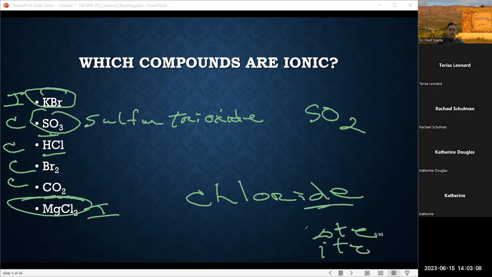But right now, when we're dealing with the non-metal all by itself, then it's an ide. Not dichloride, Catherine. The prefixes are only reserved for the covalent compounds. So it's simply magnesium chloride, even though it's got 2 of them.